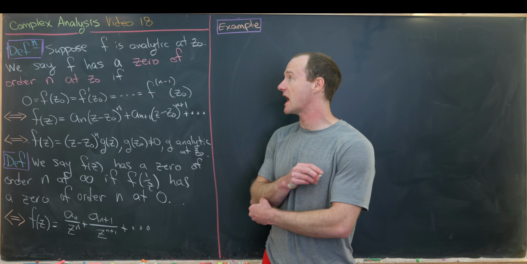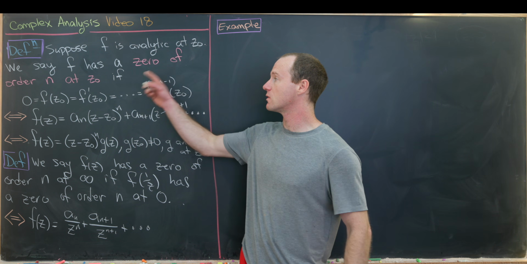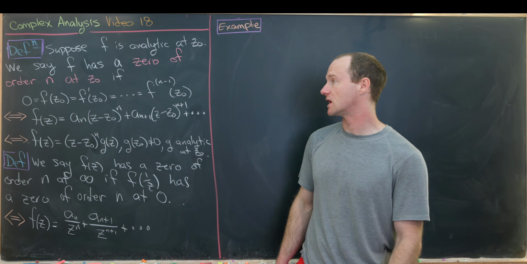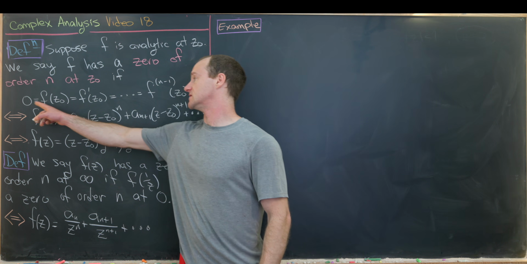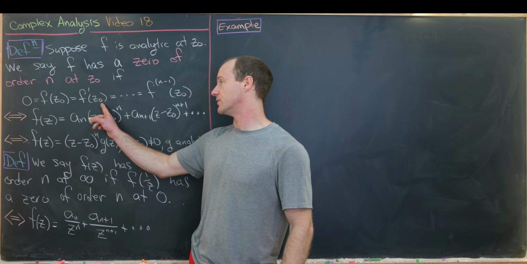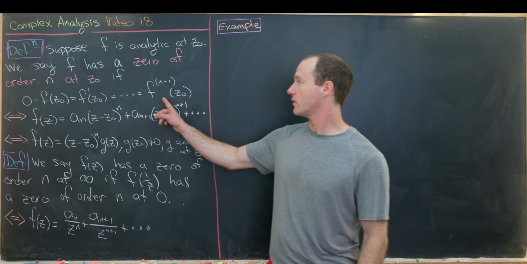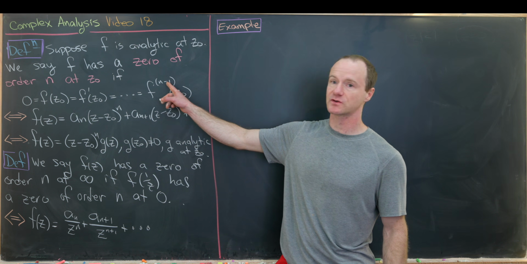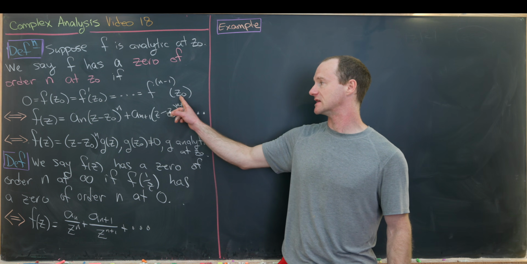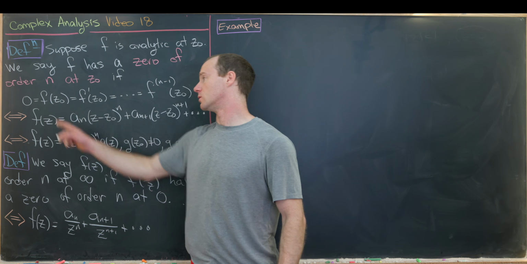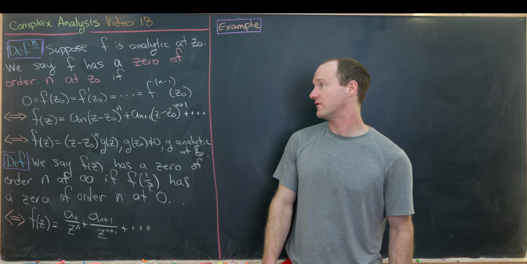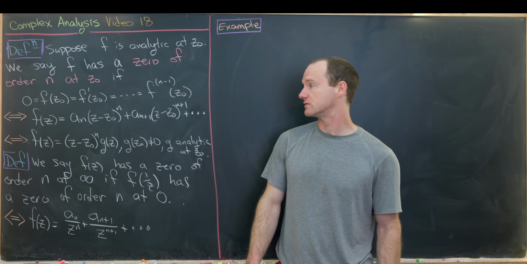Then we say that f has a zero of order n at z naught if f evaluated at z naught is 0, f prime evaluated at z naught is 0, all the way up to the n minus first derivative of f evaluated at z naught is 0. So we've got n total objects related to f evaluated at z naught equal to 0.